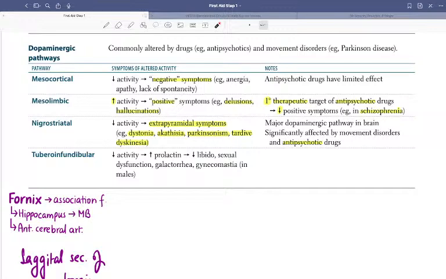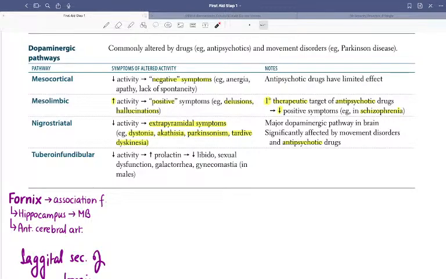So that connects the basal ganglia, and obviously it causes Parkinsonism. When it's damaged it causes Parkinsonism, and it decreases in case of EPS. It is inhibited. You have extrapyramidal side effects: dystonia, akathisia, Parkinsonism, tardive dyskinesia, and all that.